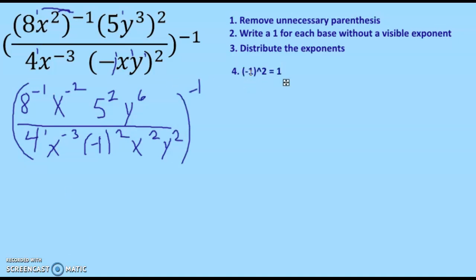So let's recall that negative 1 to the second power with parentheses around the negative 1 is just 1, so it cancels out because 1 times any number is still that number.